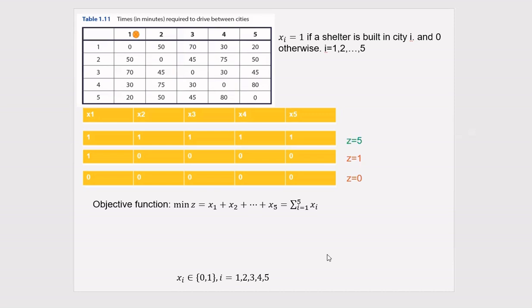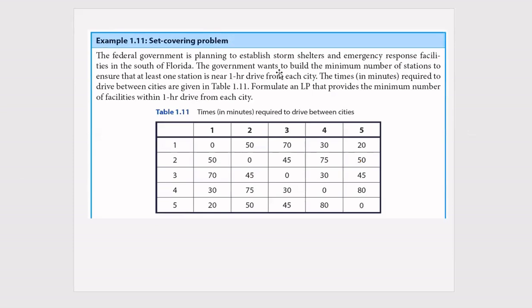So what do you think is a good approach in writing the constraint? The answer is in the problem, in the question. The government wants to ensure that at least one station is near each city.